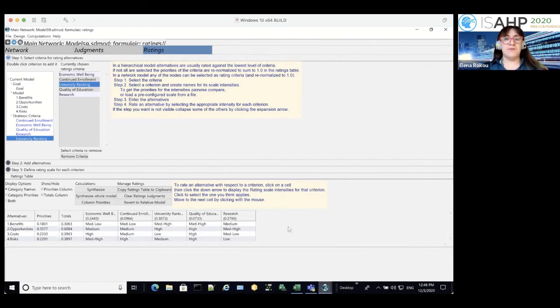And I'll say, the benefits that privatizing will bring to the University of Pittsburgh, how do they reflect on the economic well-being of the university? And how do they reflect on the continued enrollment? How are they going to affect the university ranking or the quality of education? And that's how I get my priorities and the values over here.